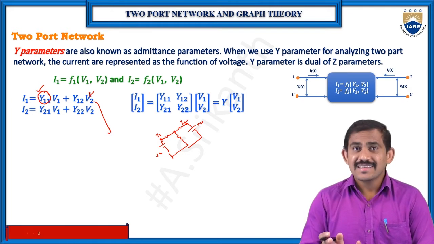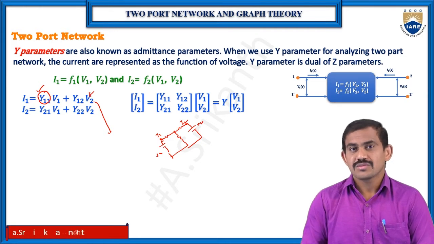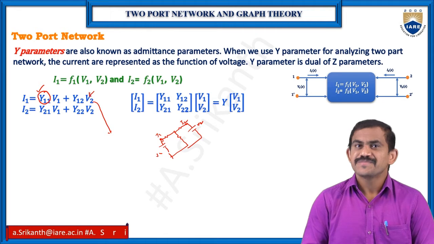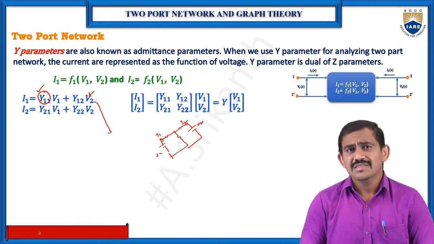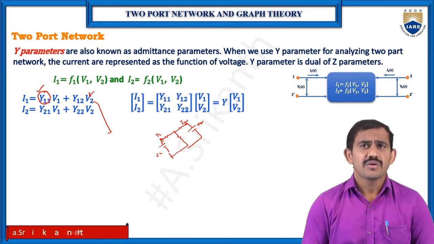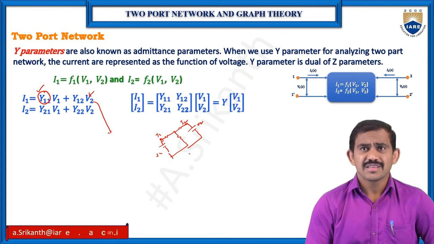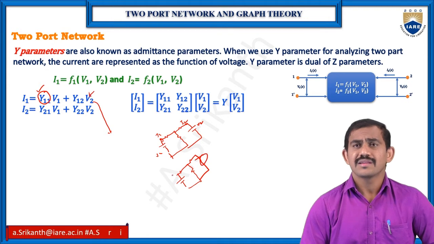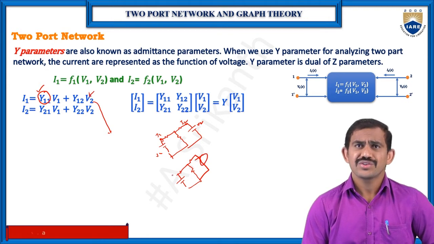Secondary side, its voltage is 0. Voltage 0 means automatically it's a short circuit. Short circuit current is maximum, short circuit voltage is 0. So the secondary side is short circuit, and there is no V2 value.